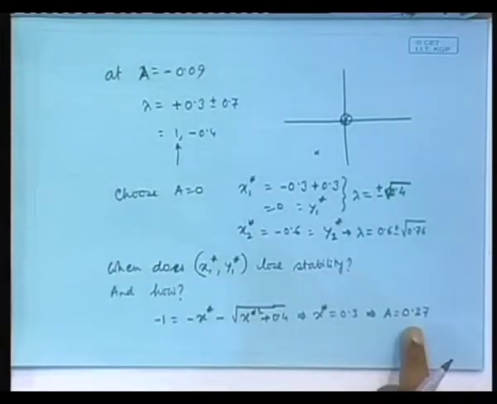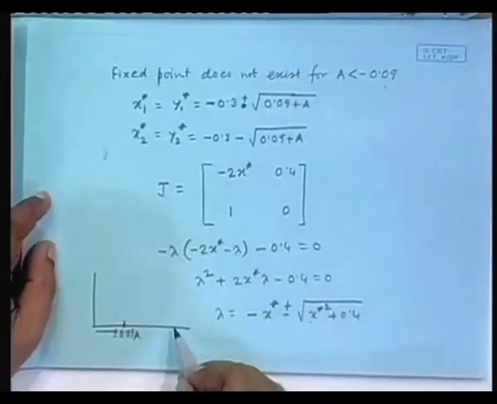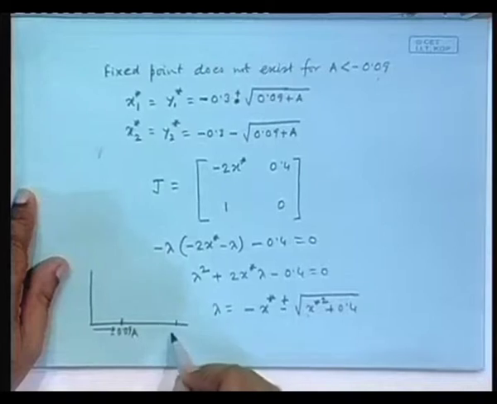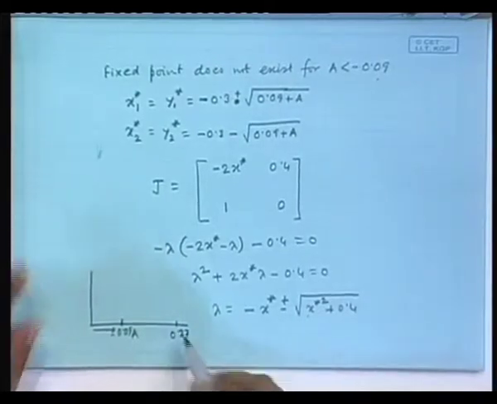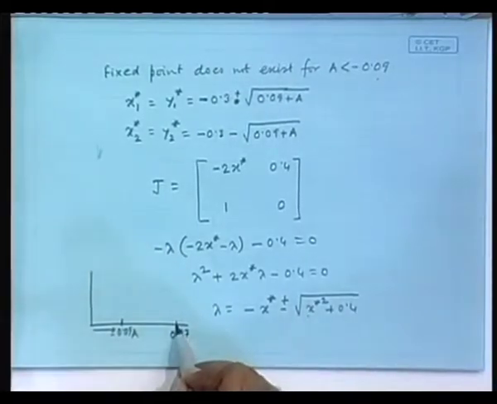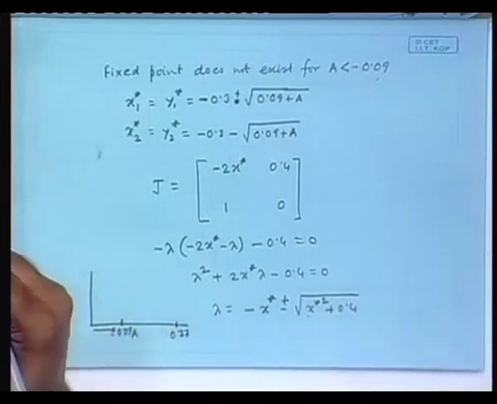So, you know that as you change the parameter further, at 0.27, the other phenomenon will happen where one eigenvalue reaches -1.